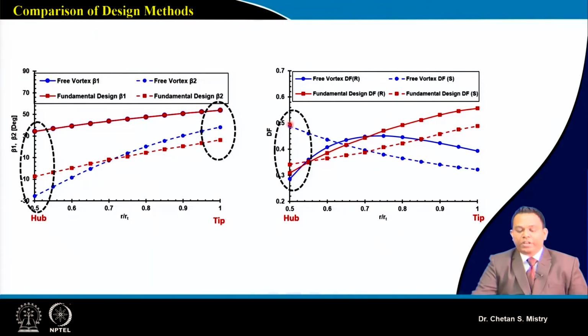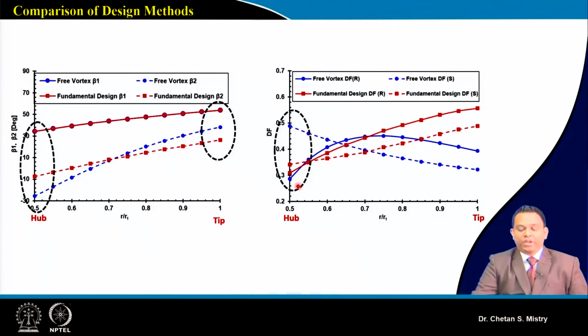For the free vortex concept, if you observe carefully, my rotor has a diffusion factor that is lower near the hub, higher in the mid section, and lower near the tip region. So just understand, our diffusion factor is nothing but a representation of my aerodynamic diffusion.